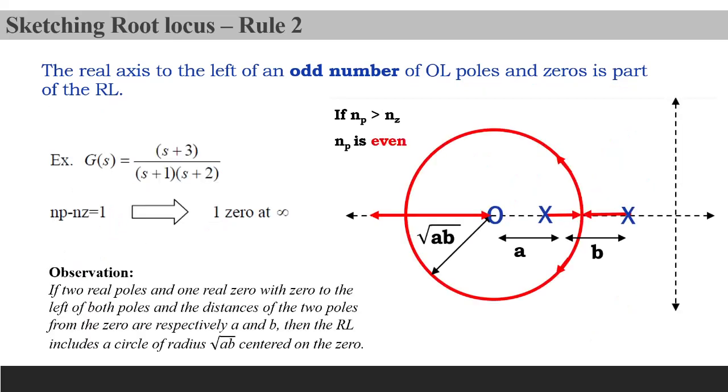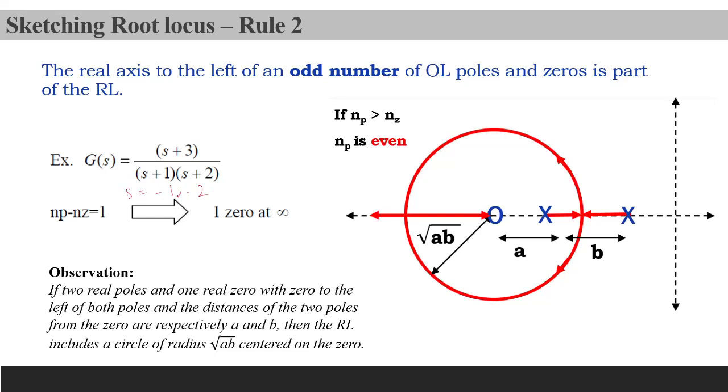Right? Let's go for the final example, which may be a little bit tricky for you, but do not worry about it. It's not that tricky, but the point is we want to demonstrate rule number 2 here. So if I haven't drawn this root locus before for this plant function, let's say, we have two poles at -1 and at -2, right?